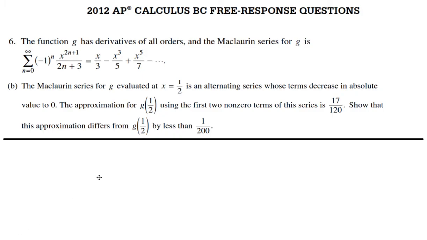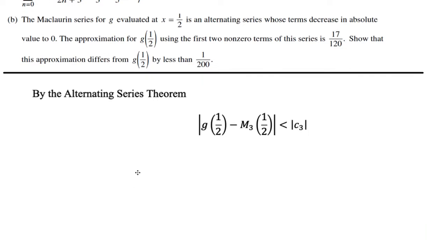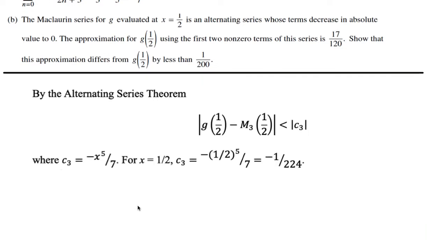Since we meet the hypotheses of the alternating series theorem, we can start by saying, by the alternating series theorem, that g of 1/2 minus the degree 3 Maclaurin polynomial value of 1/2 is less than the next term, c sub 3. c sub 3 is negative x to the 5th over 7, and for x equal 1/2, c sub 3 would be negative 1/2 to the 5th over 7, or negative 1 over 224.